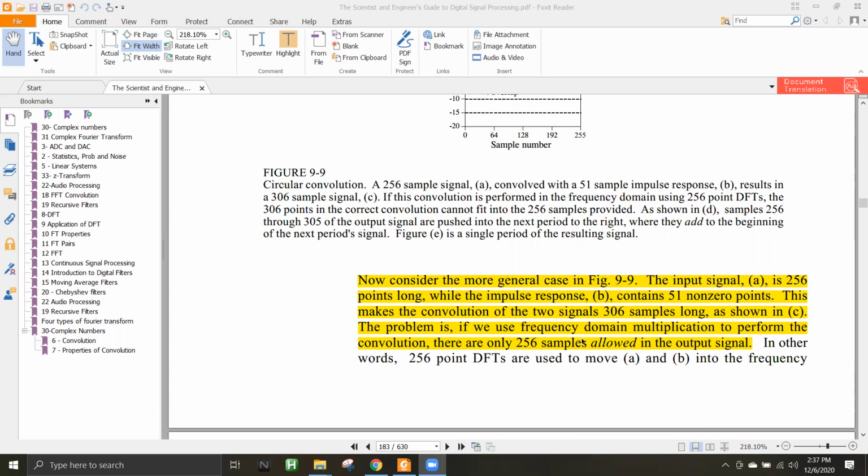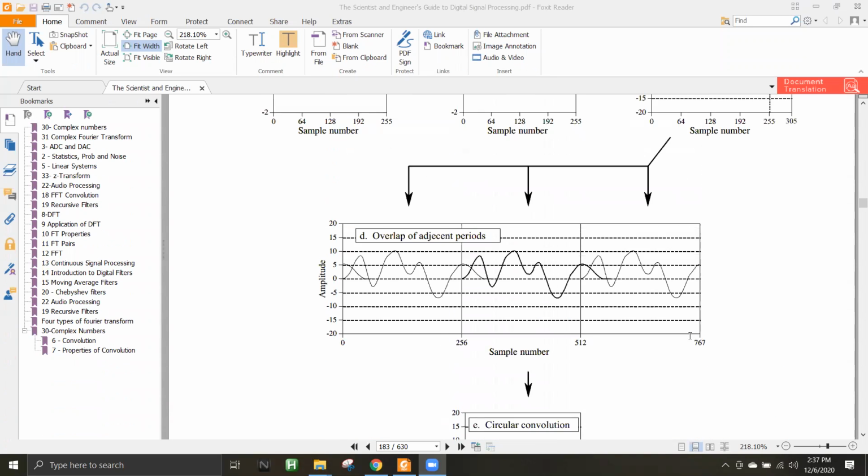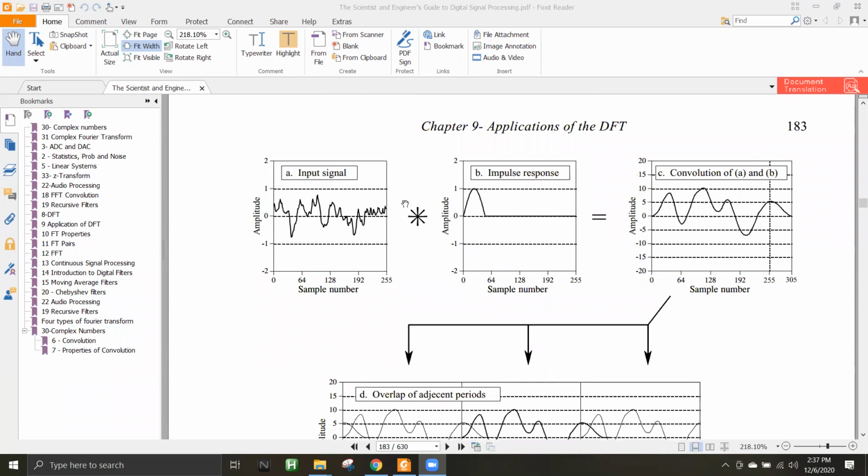Now the problem is in the frequency domain, we are performing multiplication, right? So there are only 256 samples allowed in the output signal. If you did this using multiplication in the frequency domain instead of normal convolution, you would not get 306 samples. You would be allowed 256 samples at most, because you're padding it to make it equal to this.